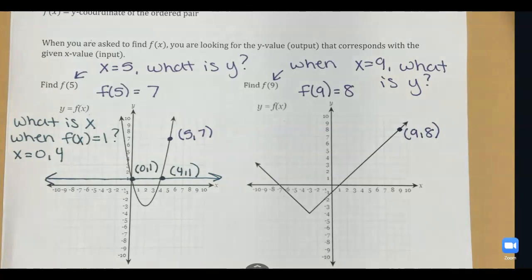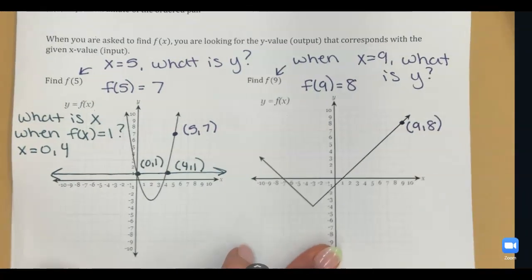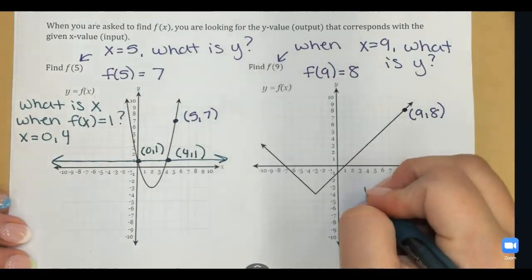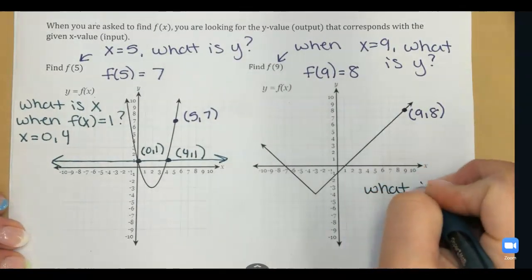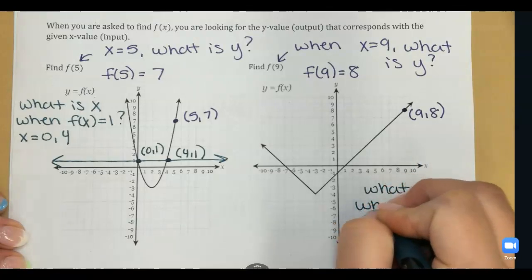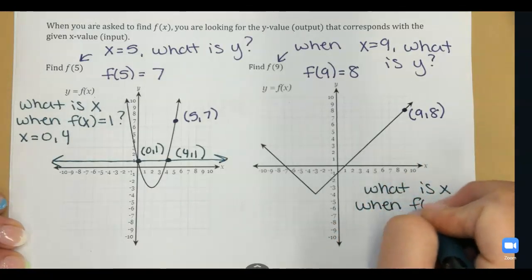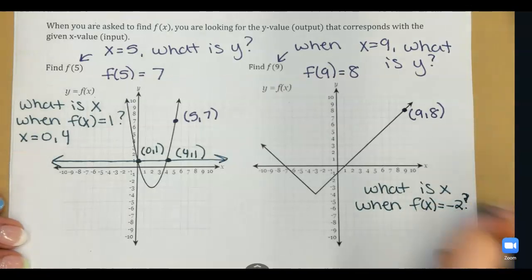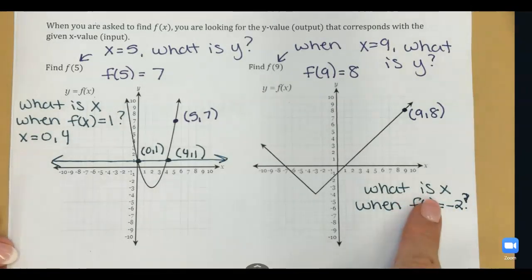Now, one more time, I just want you to have practice seeing it the other way around as well. What is x when f of x equals -2 for this graph? So again, this one is asking what is x when my y is -2.